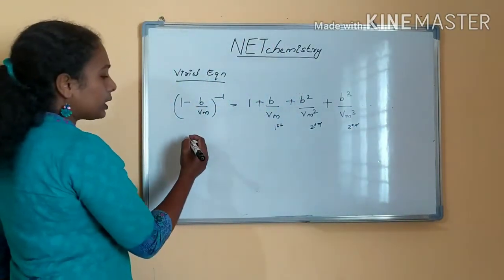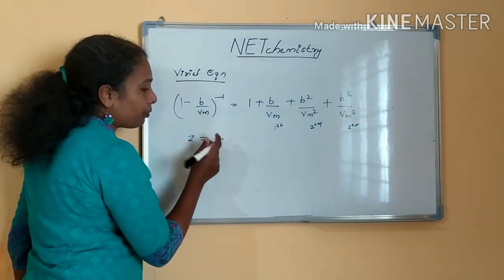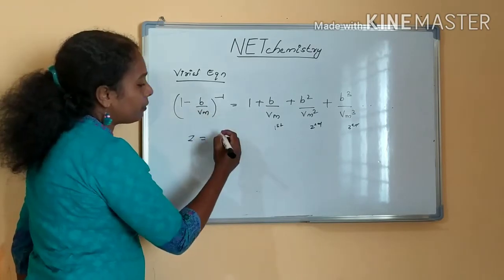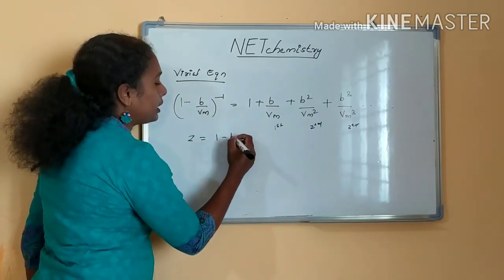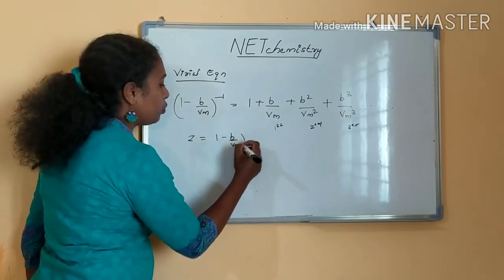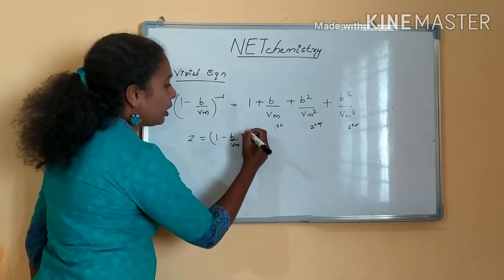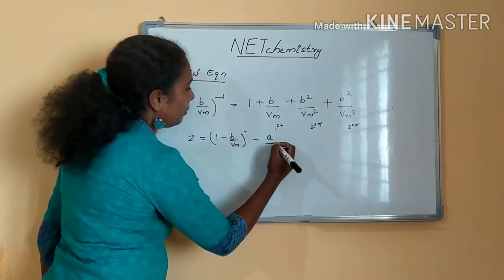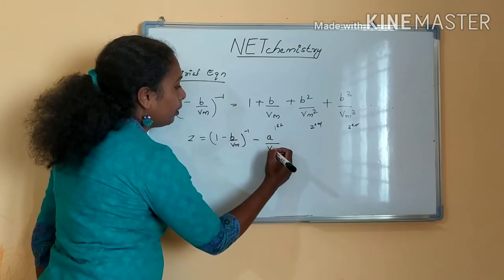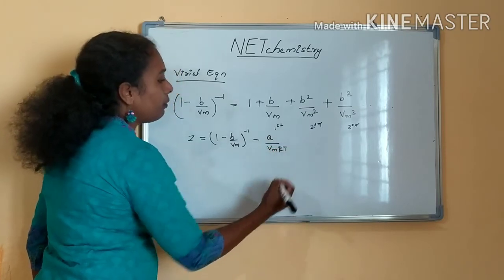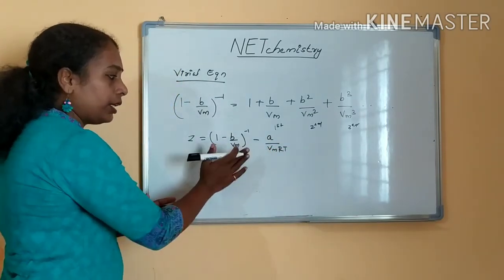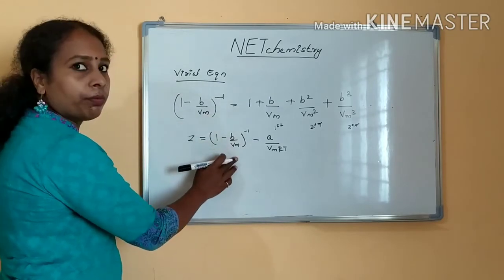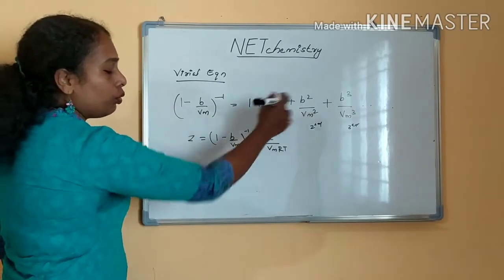So this is called first virial coefficient, this is second virial coefficient, this is the third virial coefficient and so on. So what was the equation we got for Z? From there only the solution I have written. This was the equation, right? 1 minus b by Vm raised to minus 1 minus a by Vm RT. This is what we are getting, right? So I have written it here. The solution for 1 minus b by Vm raised to minus 1 we have got.